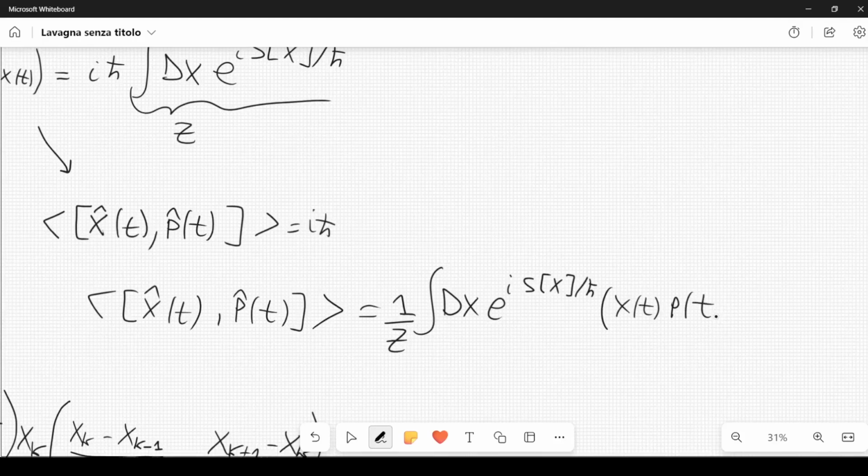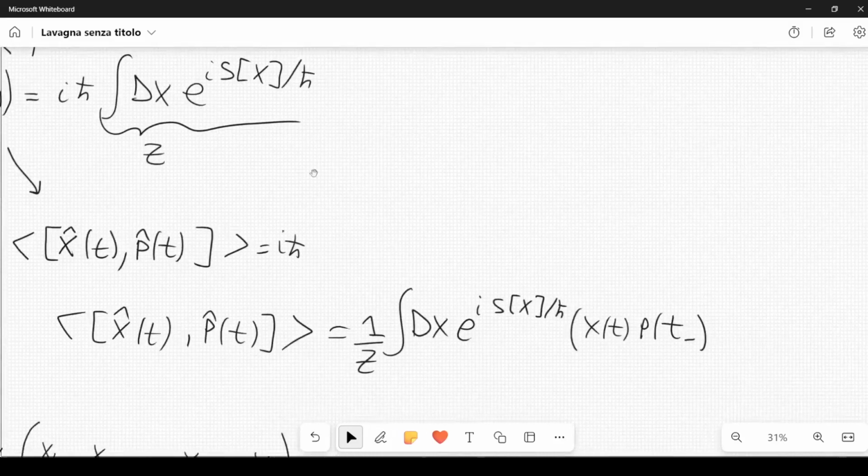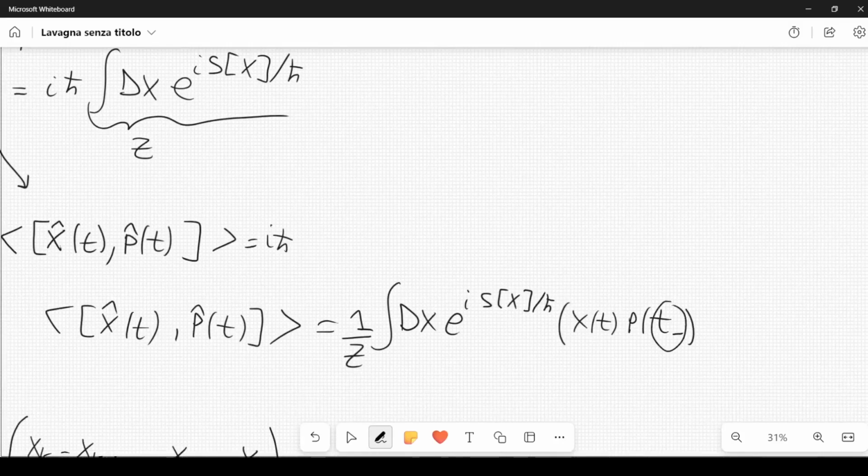You have to pay attention to this: you have t minus here, and you have to think that this t minus will approach t, but from the left, because t minus is smaller than t. And then we have minus p of t plus x of t, where t plus is slightly greater than t but is approaching t. So this is how you should interpret this expression.